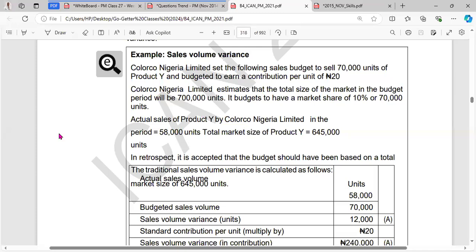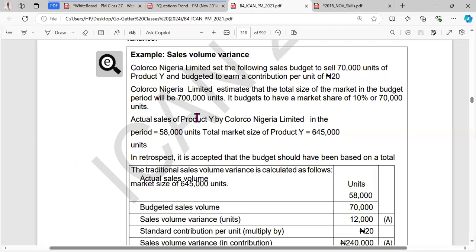Coloco Nigeria Limited estimates that the total size of the market in the budget will be 700,000 units. Remember, the market size you cannot control. They have estimated it. It budgets to have a market share of 10% or 70,000. So that is where they derive their 70,000.